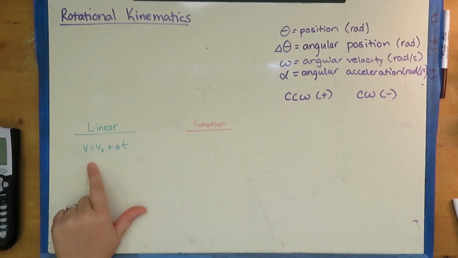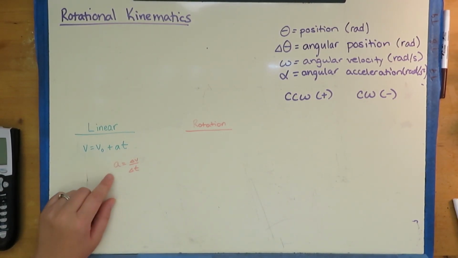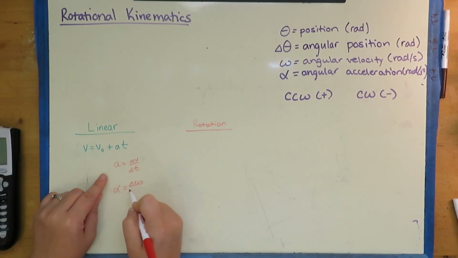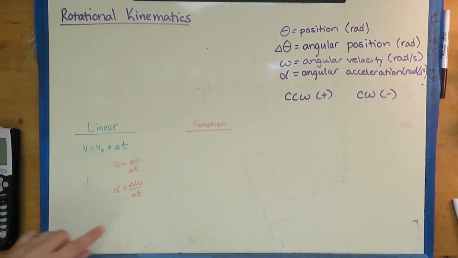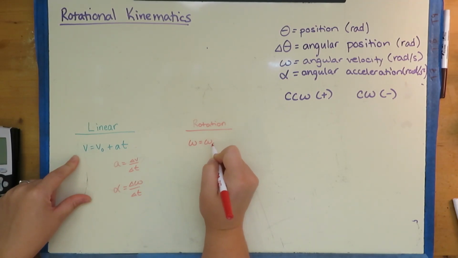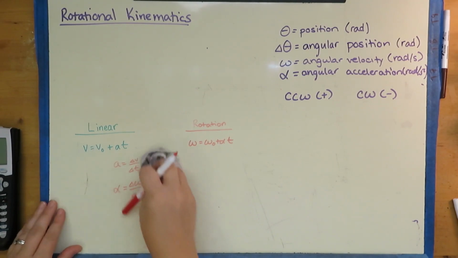Remember that this equation was just a equals change in velocity over change in time. Well, we defined alpha as change in omega over change in time. So really, these equations are nearly identical. We're just changing out rotational for linear. So I can rewrite this kinematic equation in rotational terms as omega equals omega 0 plus alpha t. Wow, isn't that so crazy?